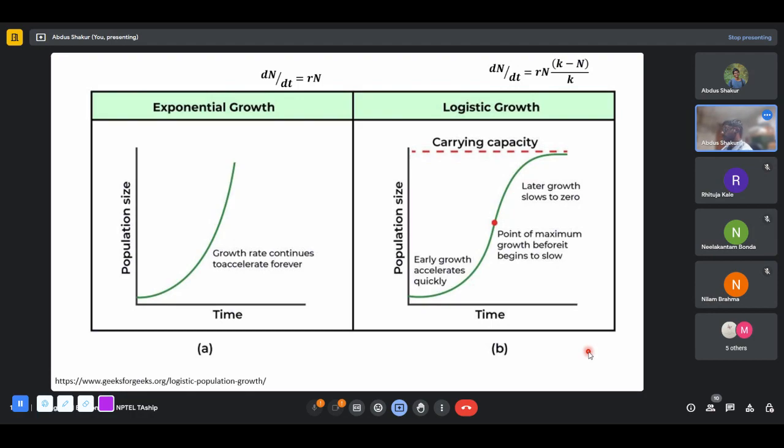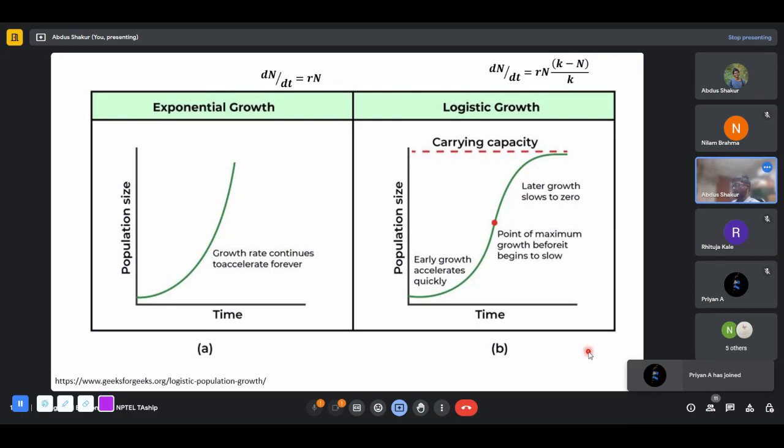So the other concept that was touched upon was the growth rate of species. When you study population ecology, you try to understand how a species grows.